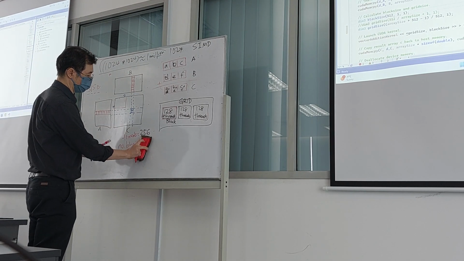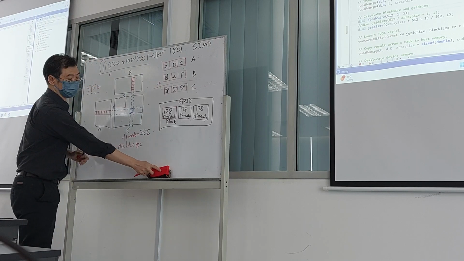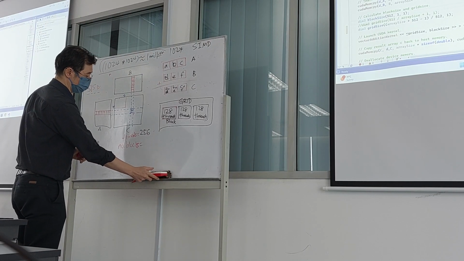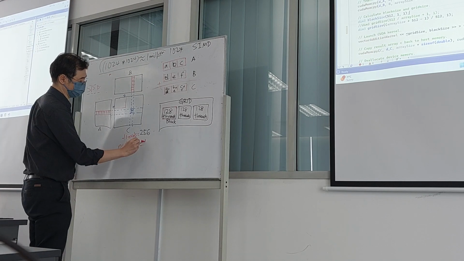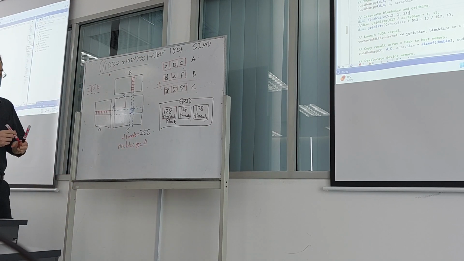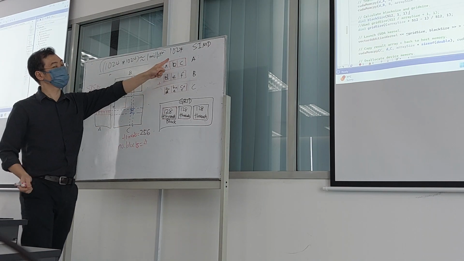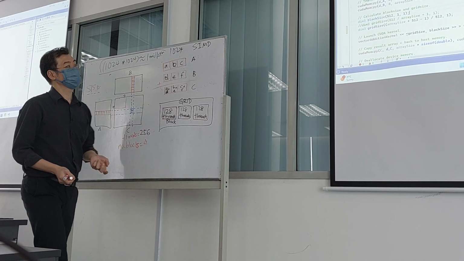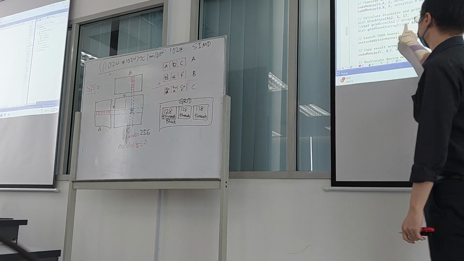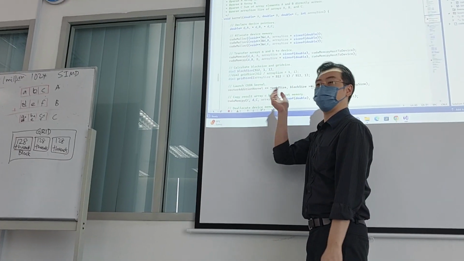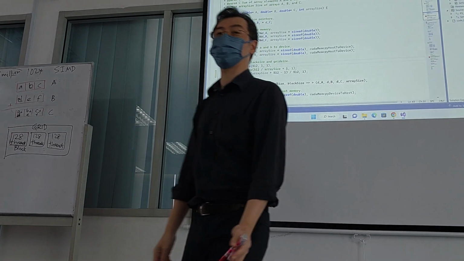How many now? Yeah, it's 4. So I need 4, because if you multiply this, you get 1 to 4, right? Okay? Then I'll do the same thing here. If I know the number here, 256, I just put 4 there. And your program will run nicely. Okay?